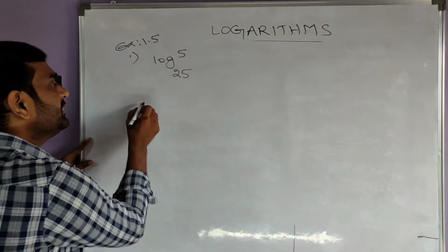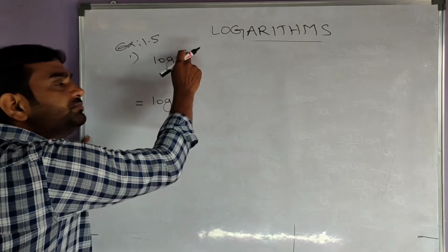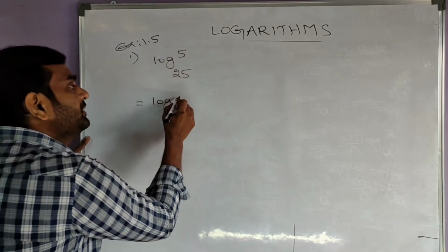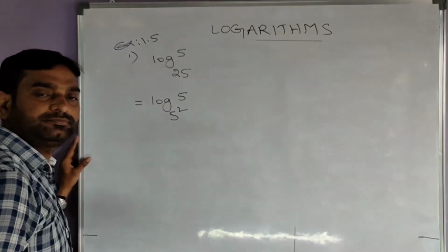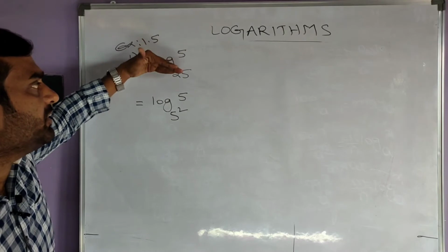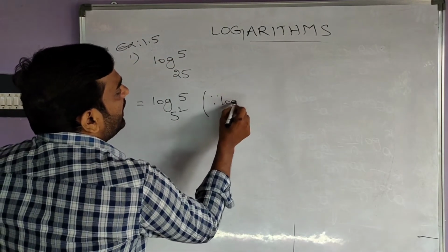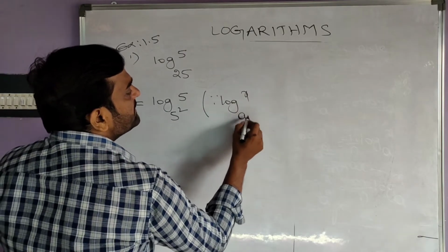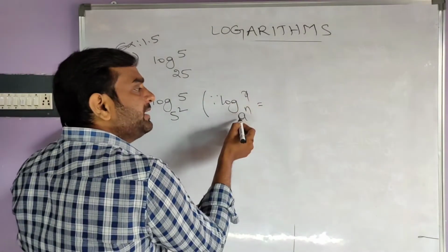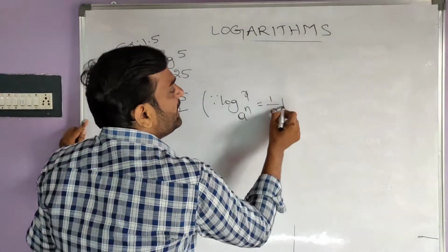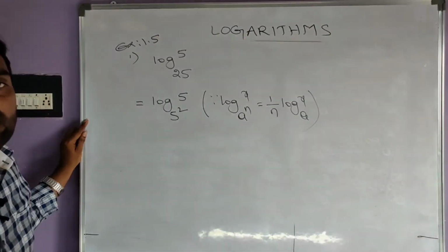In this case we have to equate the log value and base value also. Log 5, this 25 can be written as 5 square, so log 5 square. It is like log x base a to the power of n is 1 by n log x base a.